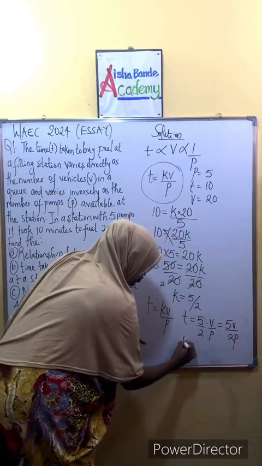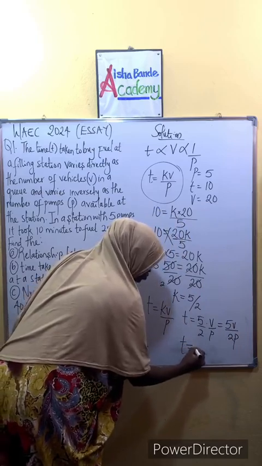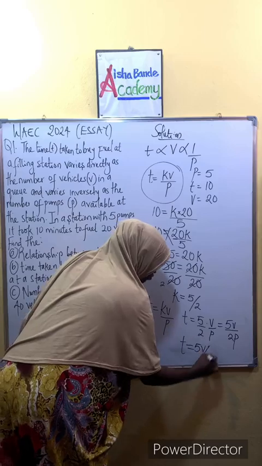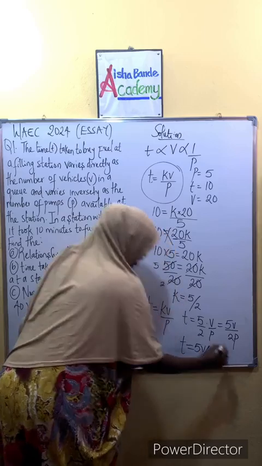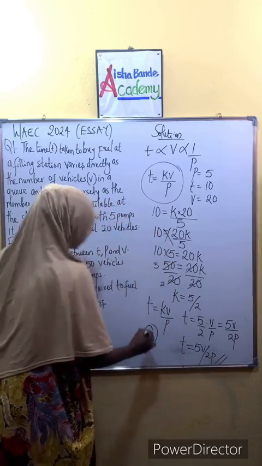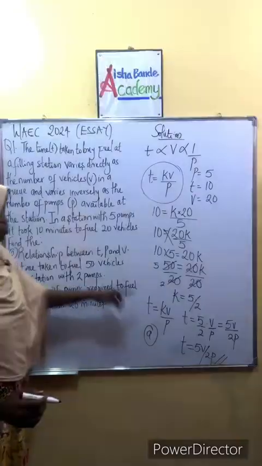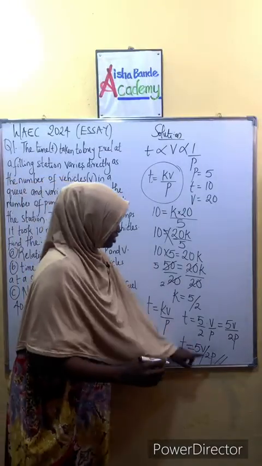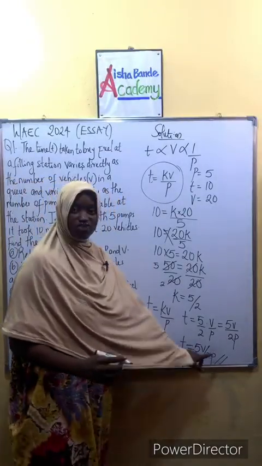So the relationship is T equals 5V over 2P as the answer for question A. So the relationship between T, V, and P is T is equals to 5V over 2P.